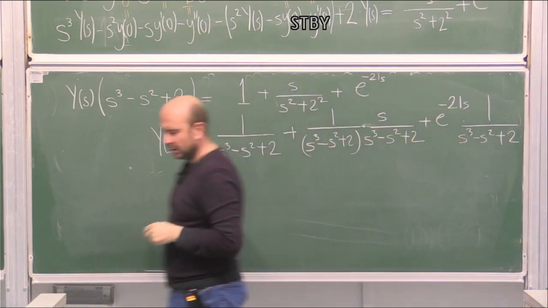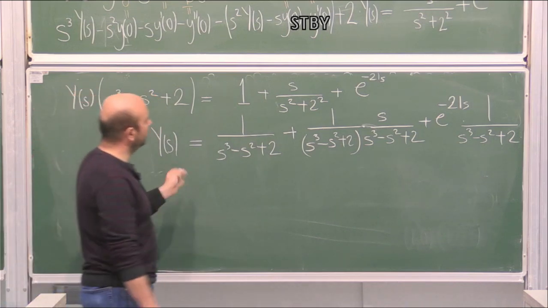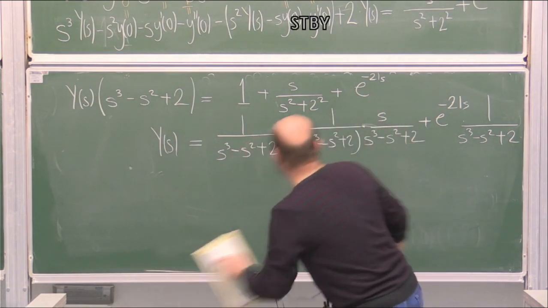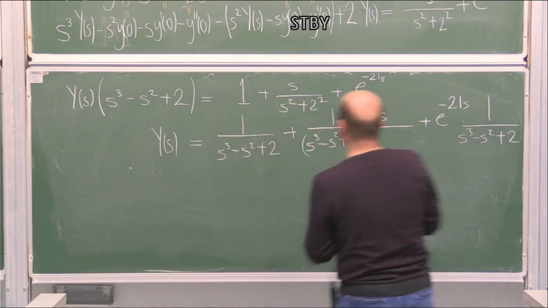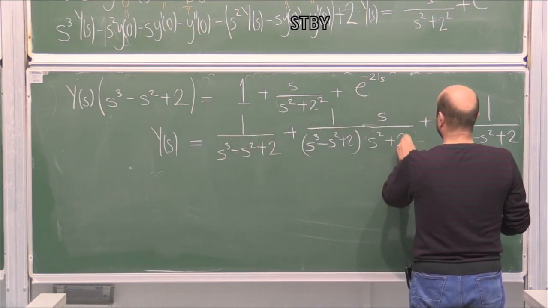Okay, so this is supposed to be the cosine's Laplace. Sorry for that. So this is s squared plus 2 squared.